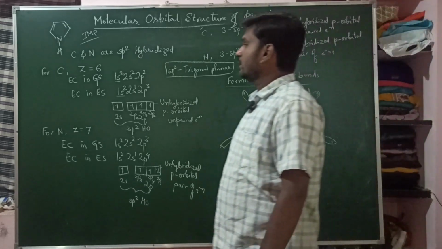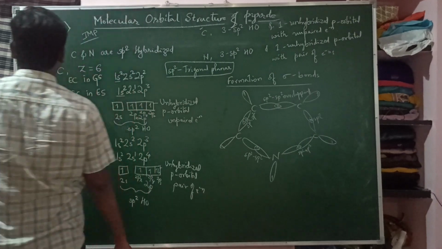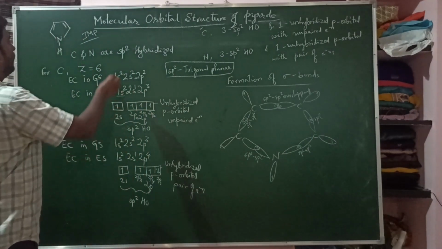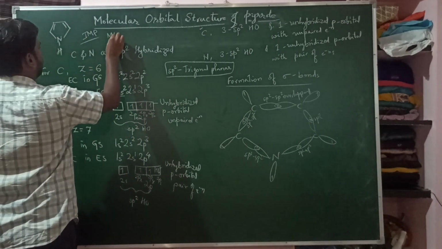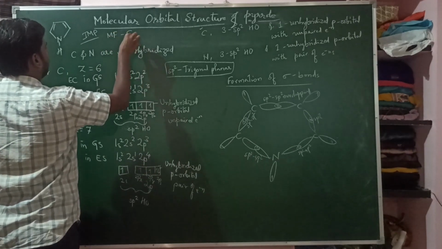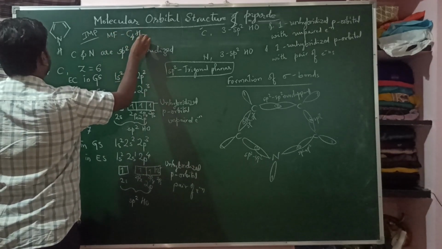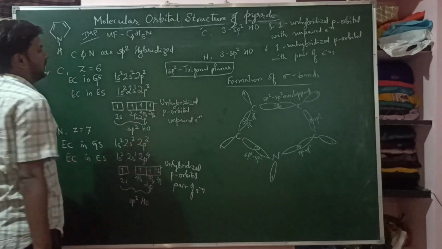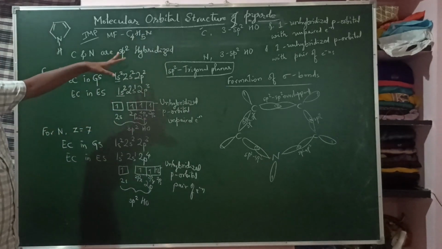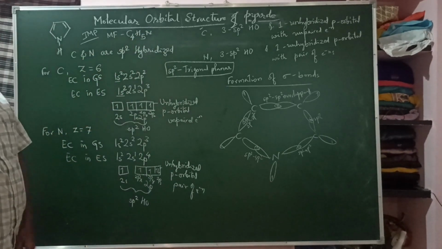So you know the molecular formula of pyrrole, that is C4H5N. We have just discussed the carbon and nitrogen. There are also 5 hydrogen atoms.